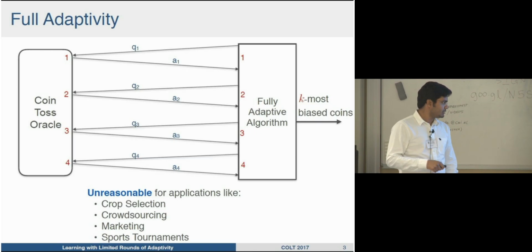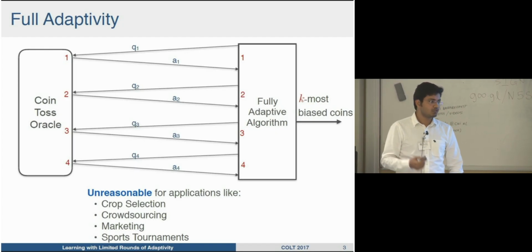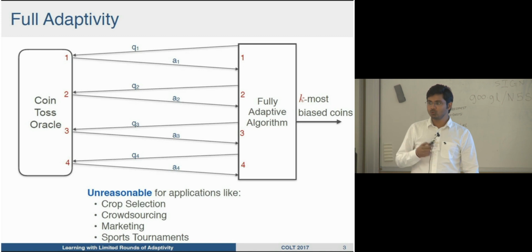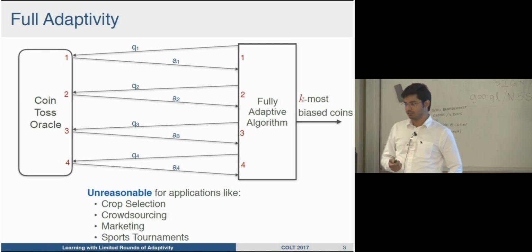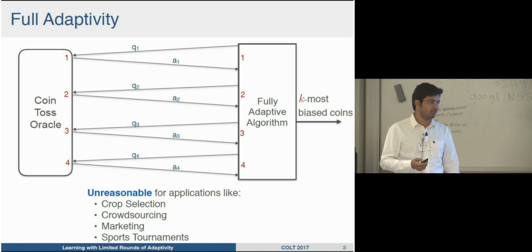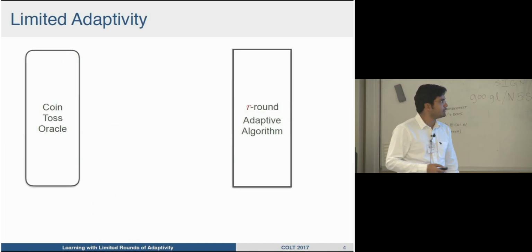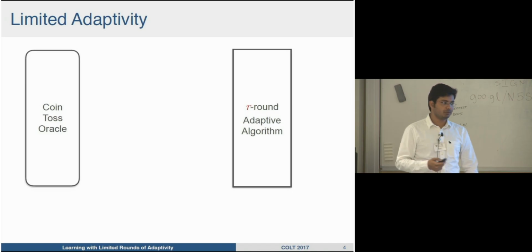In general, in these applications, executing one query takes a lot of time. So a natural solution is to parallelize the execution of these queries. But if we parallelize the execution, we will lose full adaptivity. Hence, we introduce this framework of limited adaptivity in the context of adaptive algorithms.